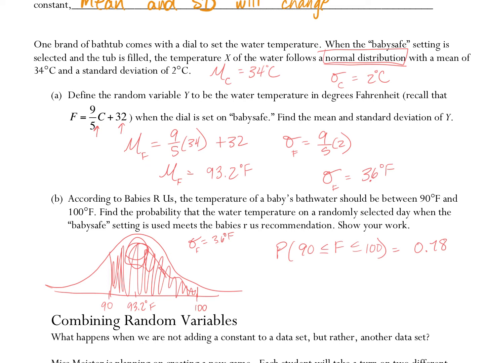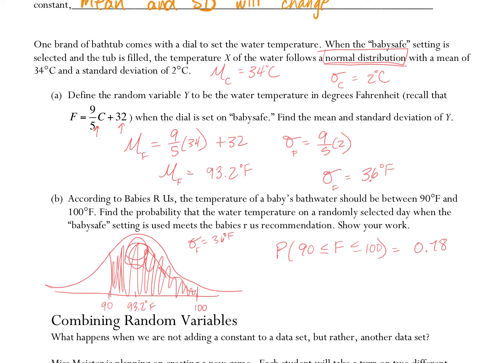Yep. Why do you multiply by 2? Oh, never mind, this is going to be division, sorry. So yeah, I multiplied the 2 by 9/5, not the other way around.